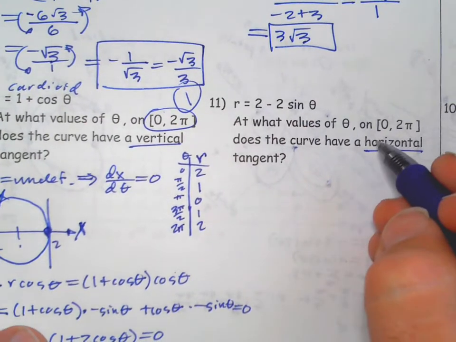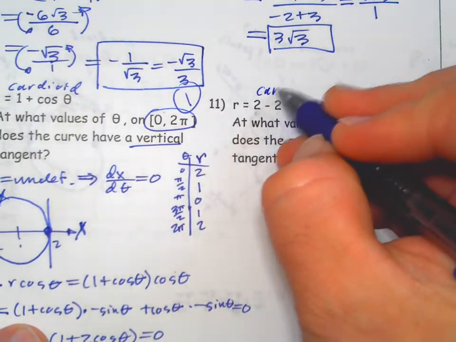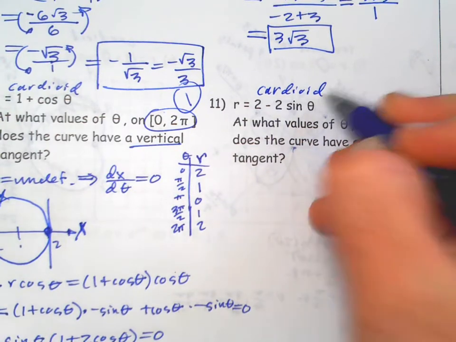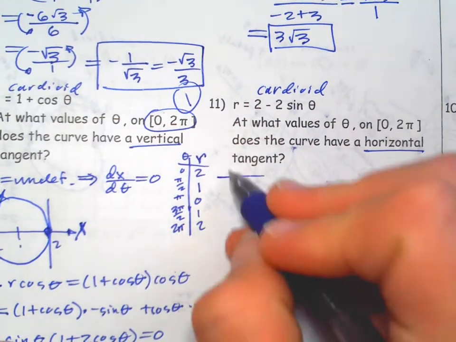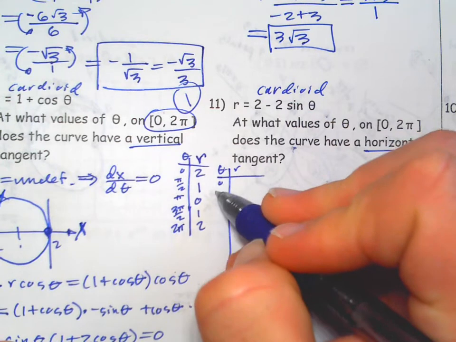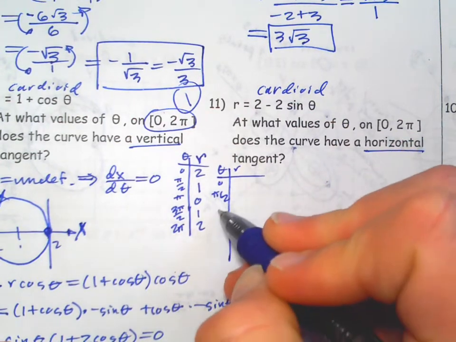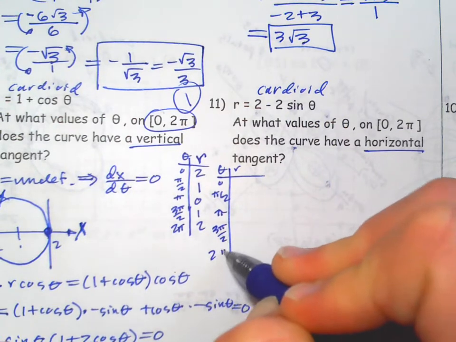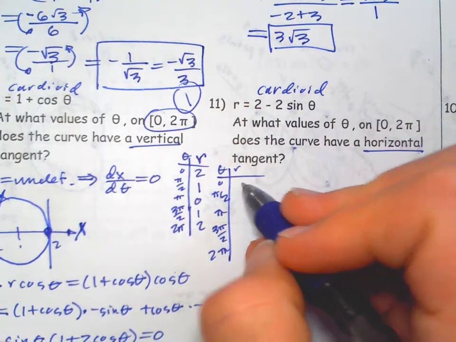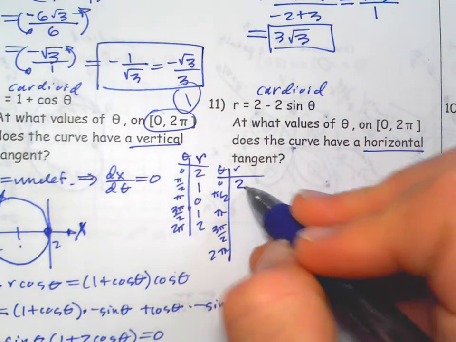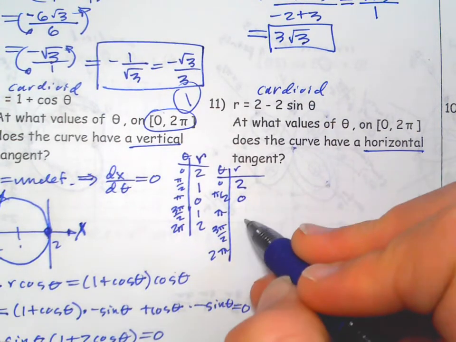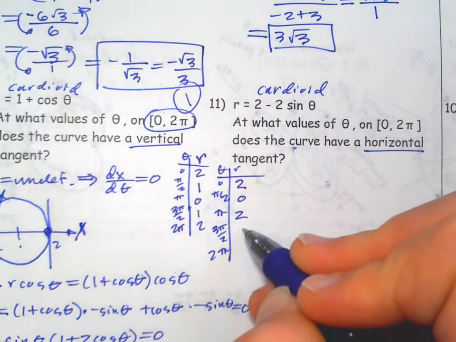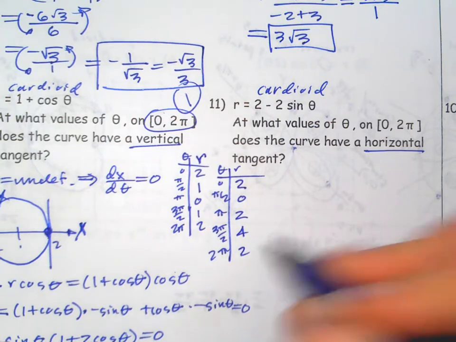Okay, next one, look for horizontal. This is a cardioid. So, quick sketch. This is going to be vertical in nature. So if we plug 0 in, I'm getting 2, 0, 2, 4, 2.